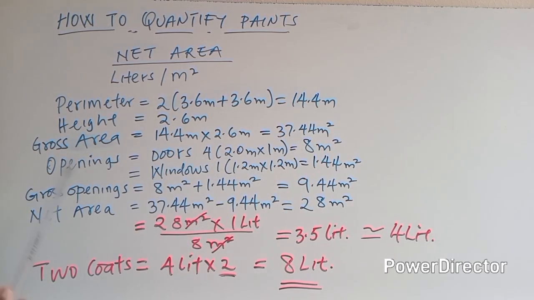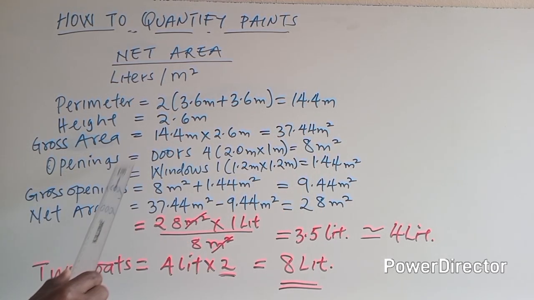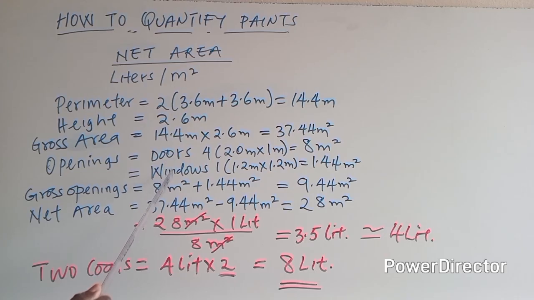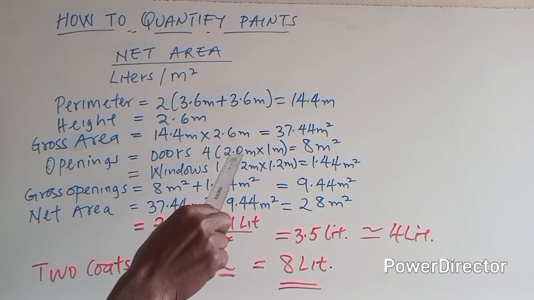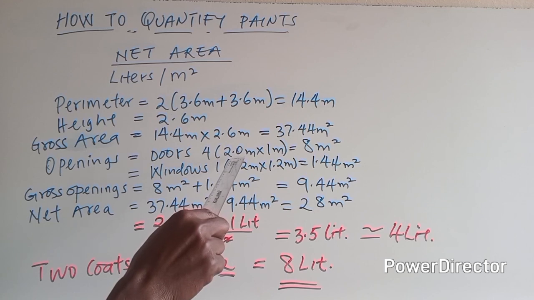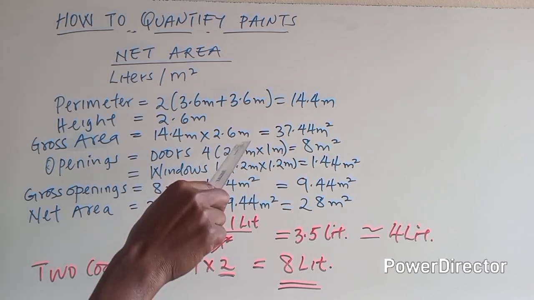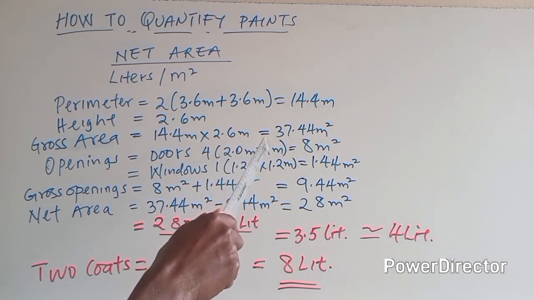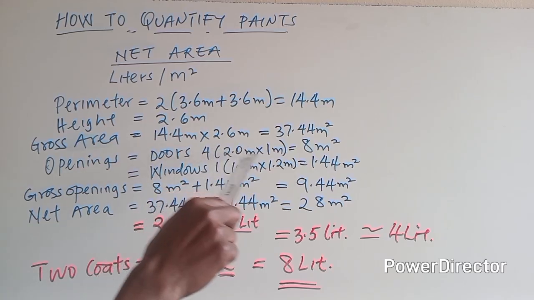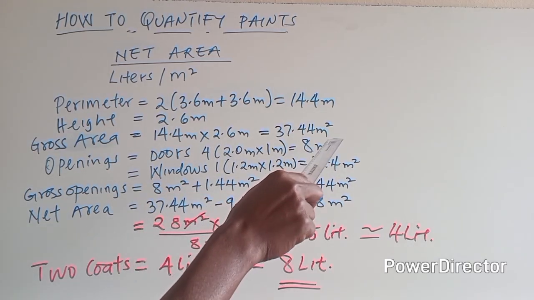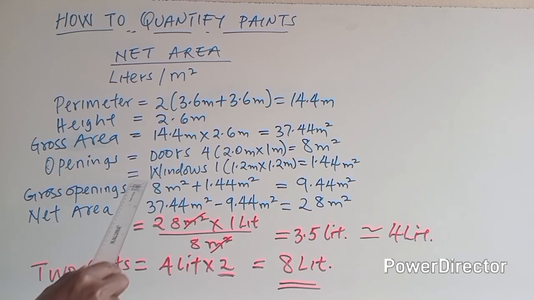square meter. Now openings were for doors and window. As per our case, one door is having a height of 2,000 millimeters, which is translated to 2.0 meters, and the width of 1 meter. So because there were 4, giving us a total area of 8 square meter.